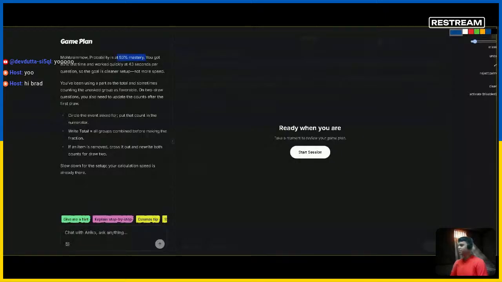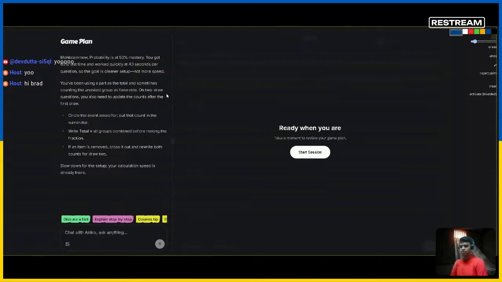Probability is at 53% mastery. You got 80% last time, and you worked quickly at 42 seconds per question. So your goal is a cleaner setup, not more speed. You have been using a part as a total and sometimes counting the unexcluded group as a variable.